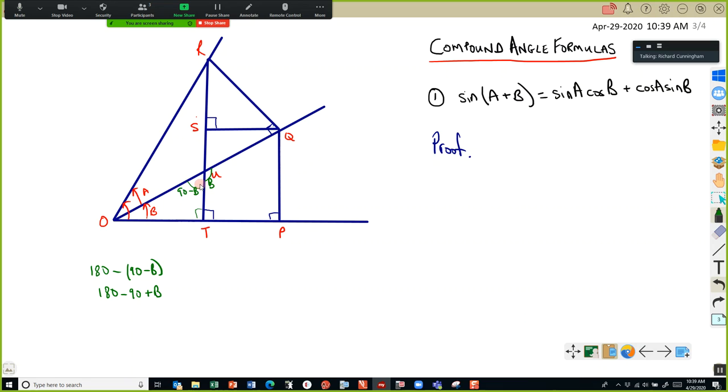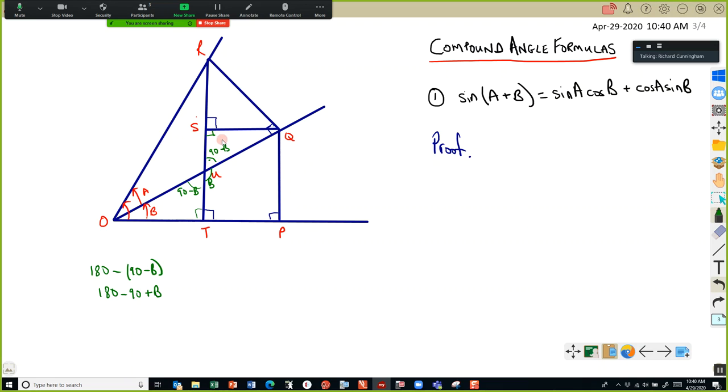That makes sense, doesn't it? I'm just querying my own work. Of course it does. Well, what does this one then equal? Yep, 90 minus B, and we can think of that because opposite angles are equal.